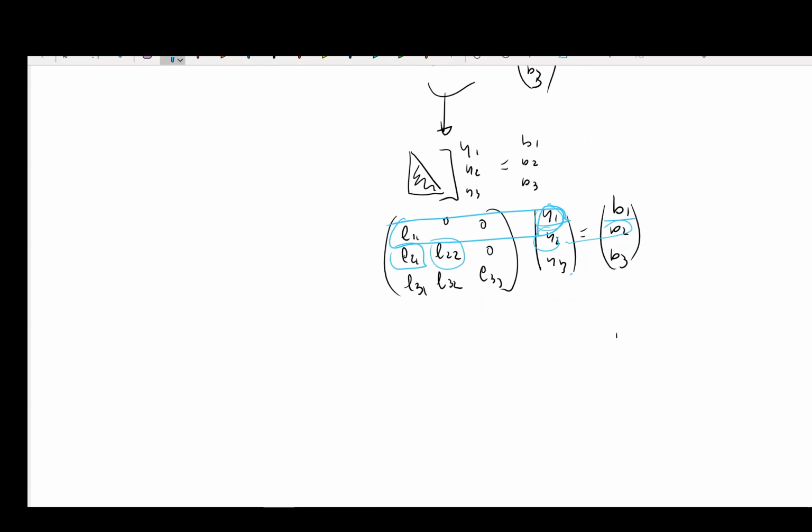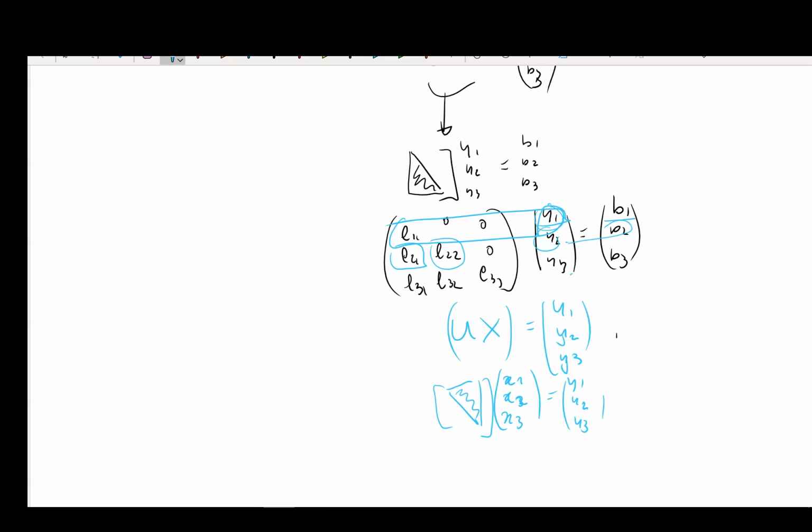Once you have found your y's, what's remaining is that Ux is equal to y1, y2, y3, and similarly this is solved easily because U is an upper triangular matrix. So you begin from the bottom and cascade up to find the original solution.